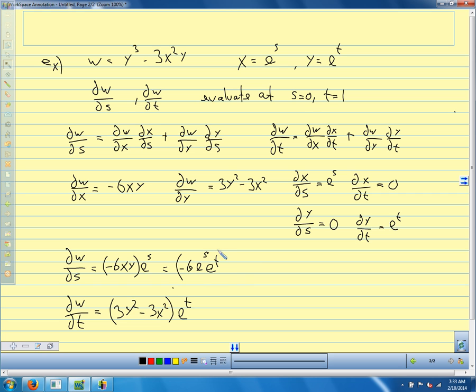E to the t times e to the s, so we get minus 6 e to the 2s e to the t. And we could also write that as minus 6 e to the 2s plus t.